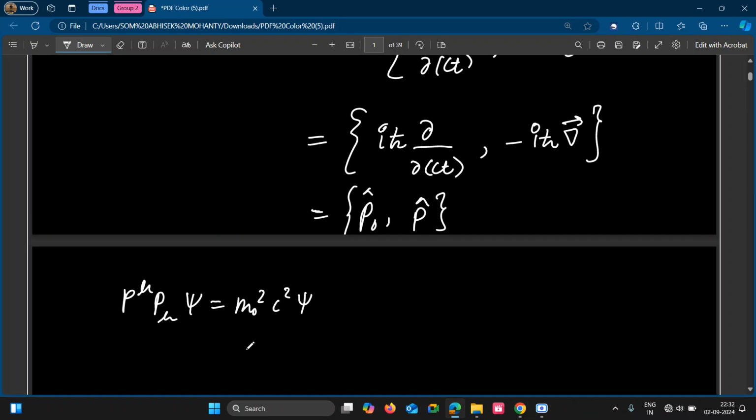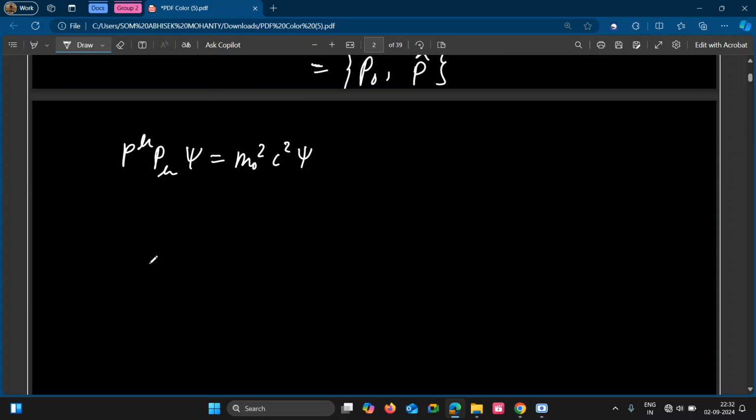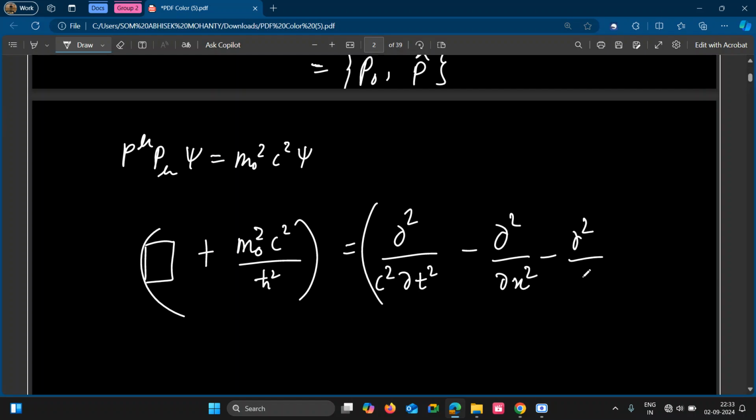So now what can I do? We can use some equations now. Let me write one thing, and you have to tell me whether it's correct or not. If I use the D'Alembert operator here, plus m square c square divided by h-cut square is equal to what? It is equal to del square by c square del t square, minus del square by del x square, minus del square by del y square, minus del square by del z square.